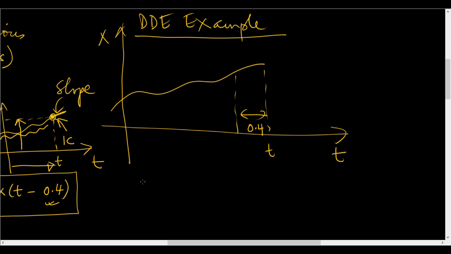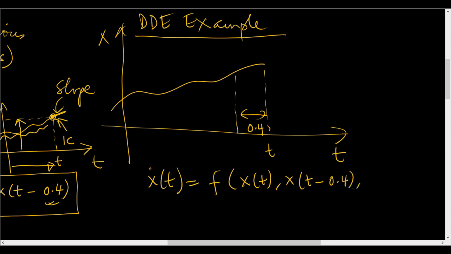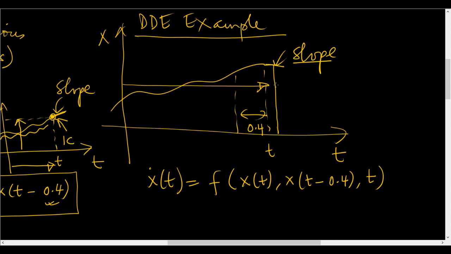So if we say x dot at t is some function of x at t, x at t minus 0.4, as well as t explicitly, it depends on all three things. In that case, the slope here depends on this t, this value of x, as well as this delayed value of x. So it explicitly depends on that.